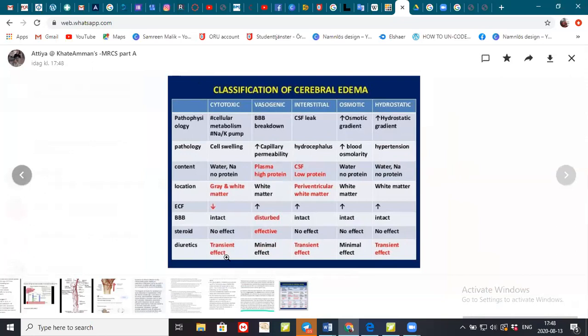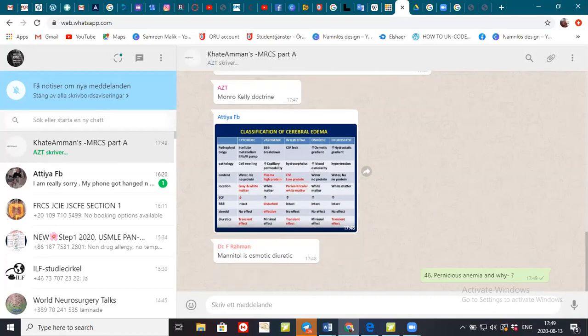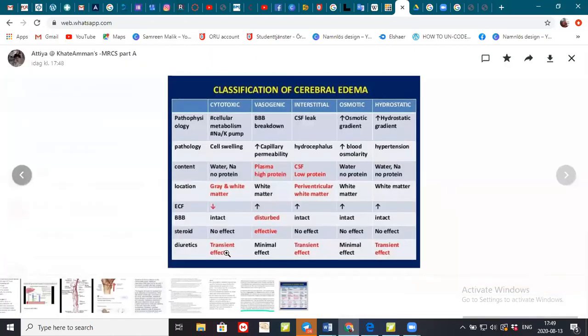Even if mannitol is not working, we do hypothermia and then craniectomy to relieve the pressure. There are steps of management. Would you add any other diuretic? Furosemide? Yes, can be. So mannitol can be given in this condition, and depending upon that you'll leave it alone or add more diuretics.